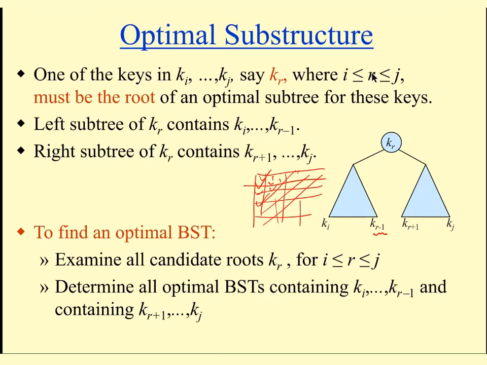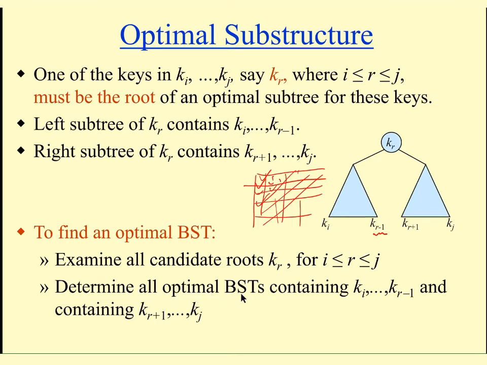We don't know which one can be the root, so we must loop over all of the possible roots, from i to j. That's why we have this. So once we decide the root, we decide the left and the right. How to decide left and right? It will use the same way as we solved the previous one. So this is the idea, cut.